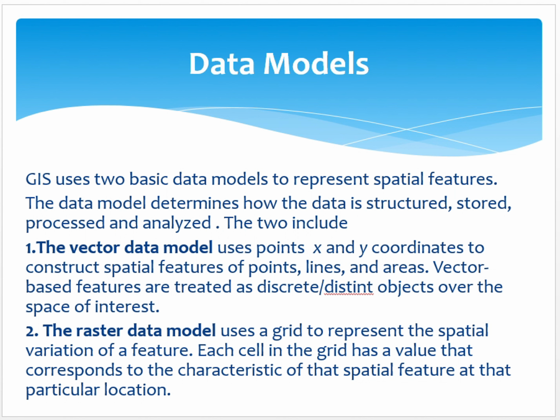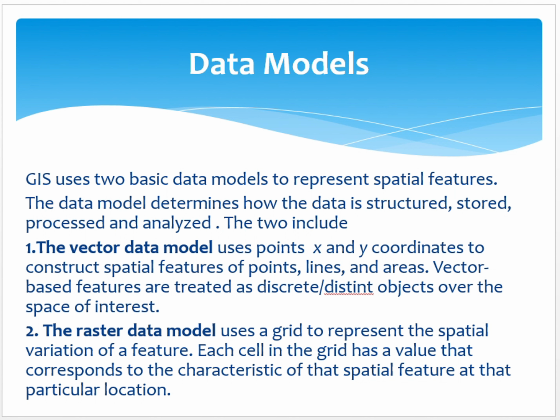Then number 2 is the raster data model. This works like a grid, where you have multiple lines that are vertical and others that are horizontal. We call that a grid. That style of displaying and working with data is called the raster data model. The spatial features are explained in the form of cells, like the way Excel has rows and columns.